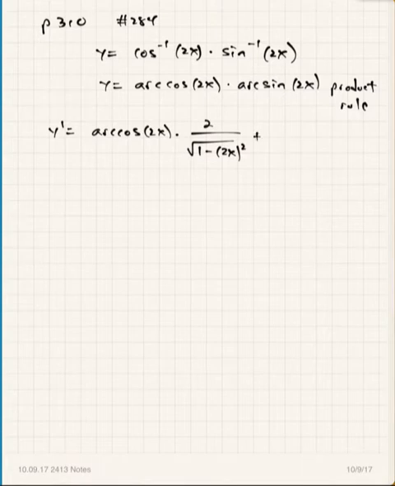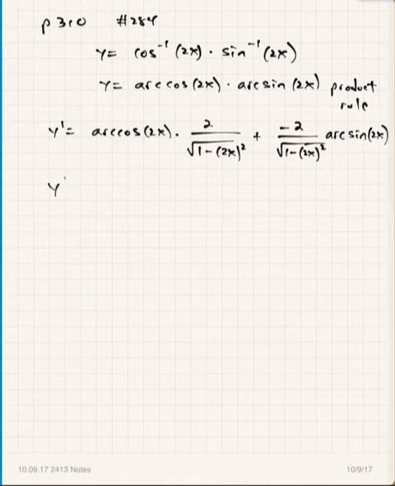And then this would be plus the second factor times the derivative of the first factor. So the derivative of the first factor would be negative 2, because it would be negative u prime over the square root of 1 minus u squared. And that would be times arc sine of 2x, like that.